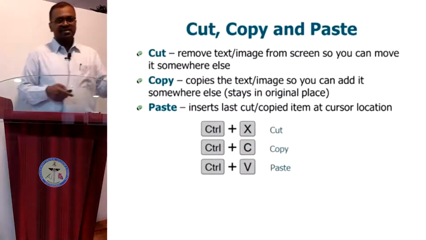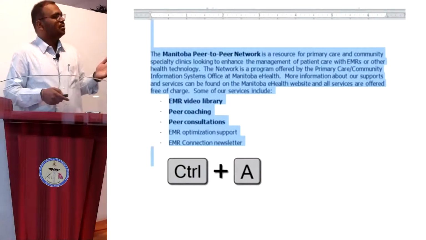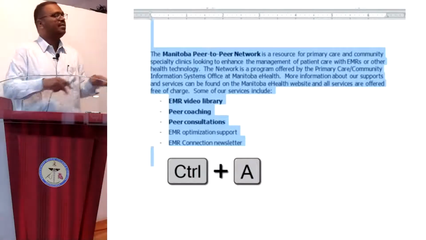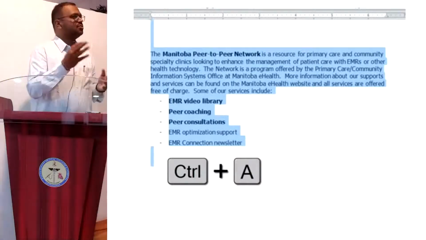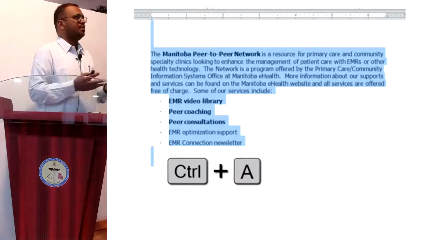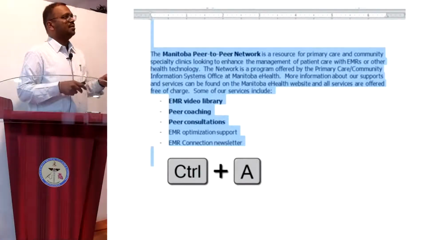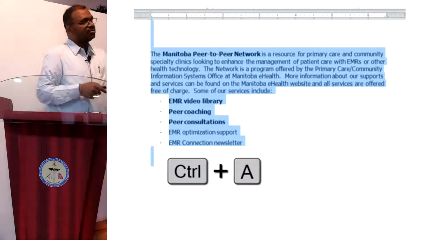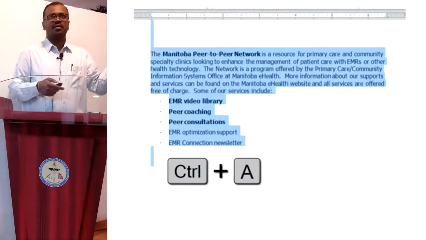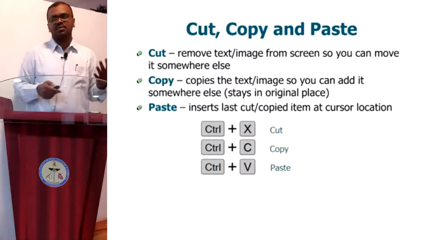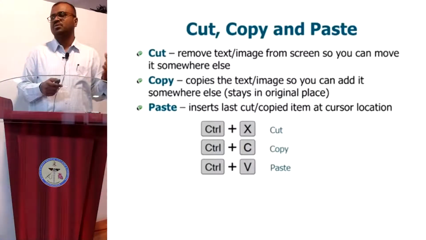Whenever you right click, it allows, as I told you, font size differentiation, increasing the space between two lines, and also copy and paste, cut and paste. But there are some shortcuts that you should know, which will help you far better than the right click.